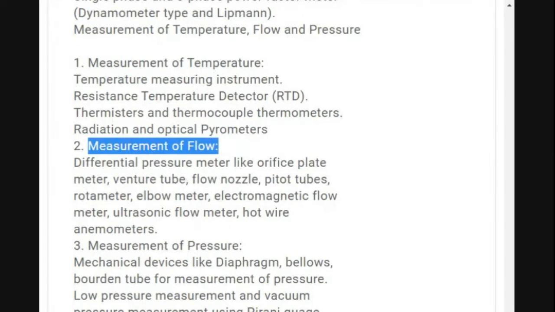Orifice plate, venturi tube, flow nozzle, pitot tube, rotameter, electromagnetic flow meter, ultrasonic flow meter, and hot wire anemometer. So these are the different types of flow measurement instruments. Now you should not get confused that the fluid is water only.